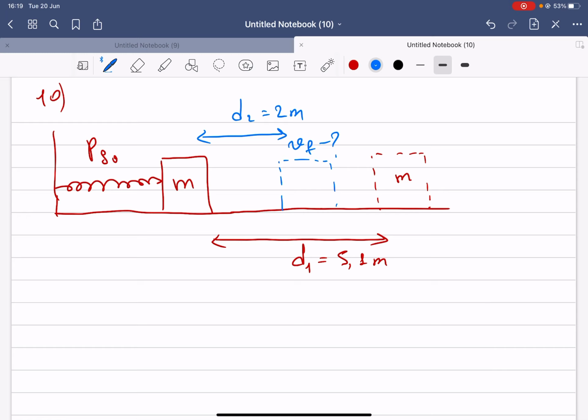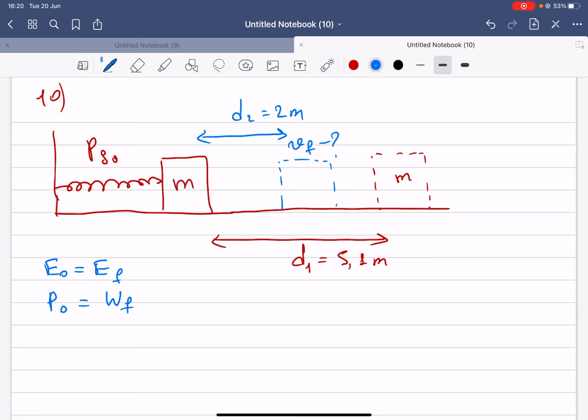Okay, so how can we find it? First of all, we know that energy initial is equal to energy final. That means all the spring's potential energy will be converted to work done by friction, because it will stop due to friction after moving a certain distance.